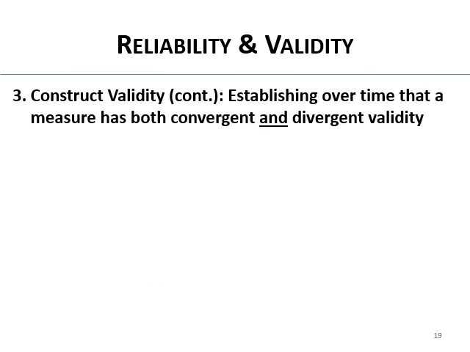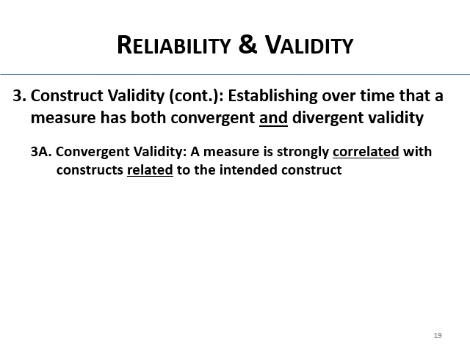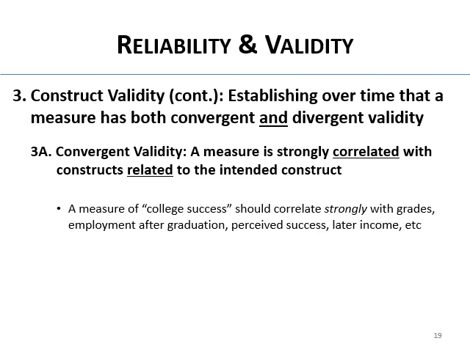All right. So getting back to non-example, establishing over time that a measure has both convergent and divergent validity is construct validity. Convergent validity is when a measure is strongly correlated with constructs that are related to the intended construct. Scores on your measure are correlated with things they should be correlated with because they're similar.